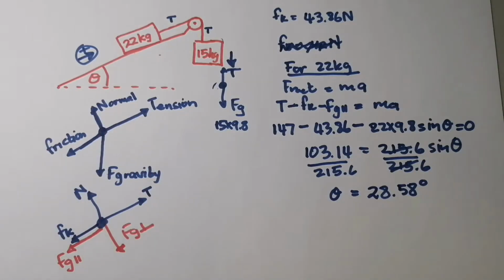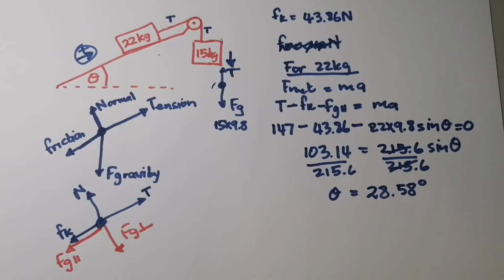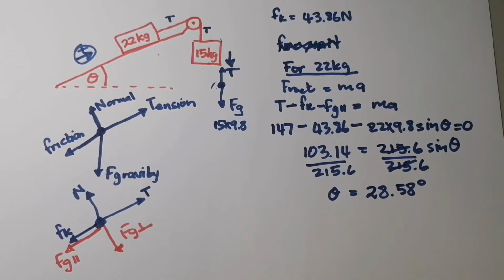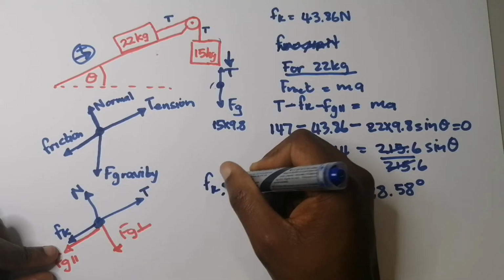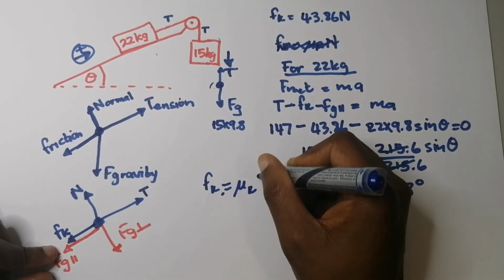All right, so in the next question, they say to us, explain why the kinetic frictional force remains the same even though the system accelerates. Now, why would friction remain the same? Because remember, what is friction dependent on?